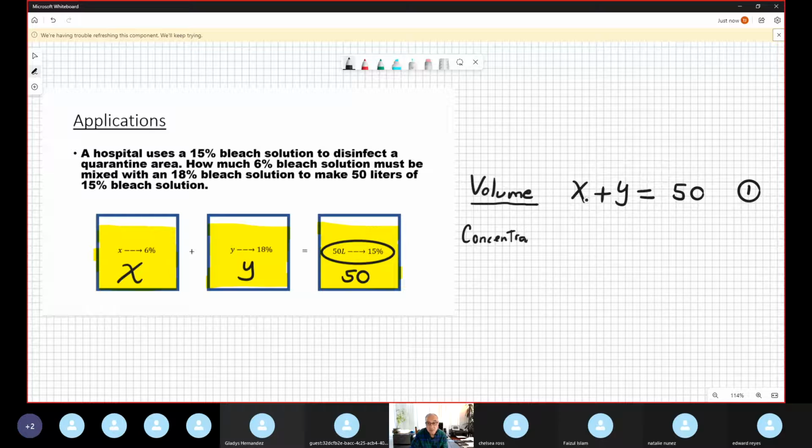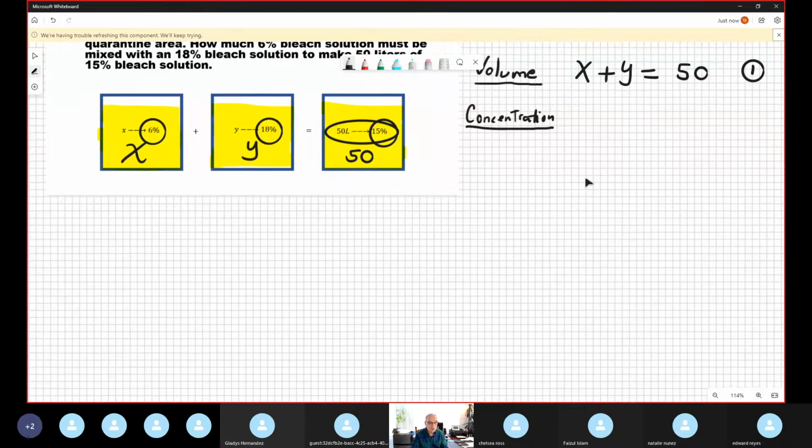In the concentration, we have three values: 6%, 18%, and 15%. It makes sense that if you mix 6% and 18% together, according to the proportion that you mix, you have an intermediate value of concentration, 15, no?